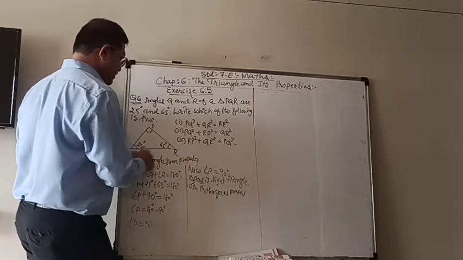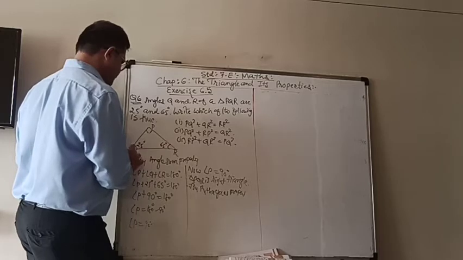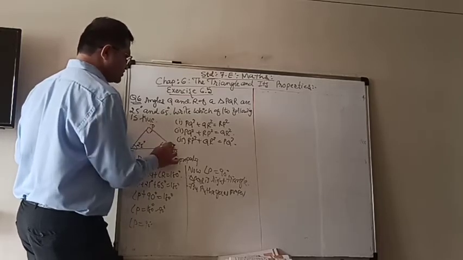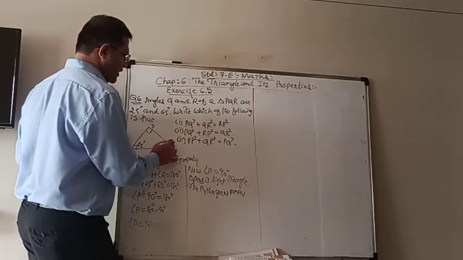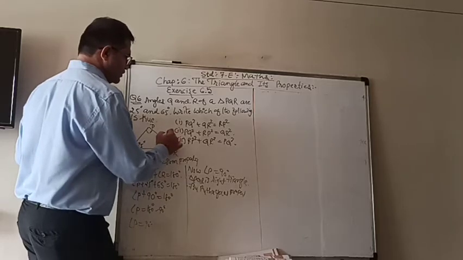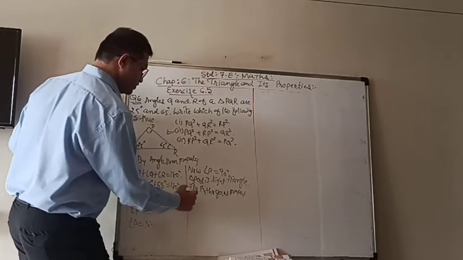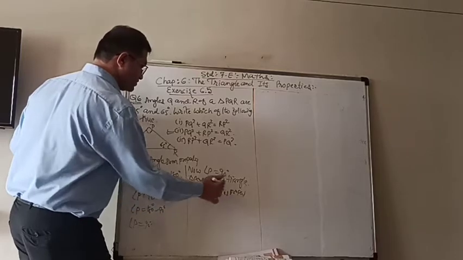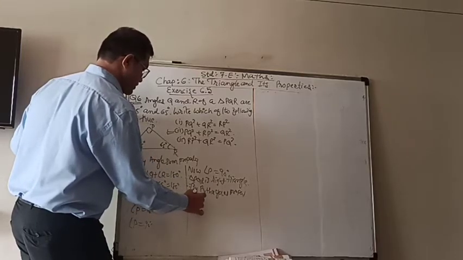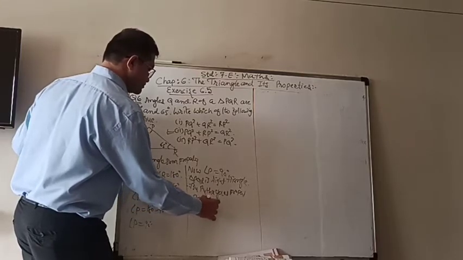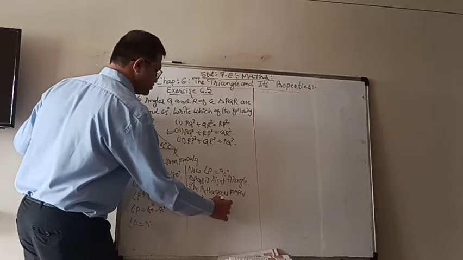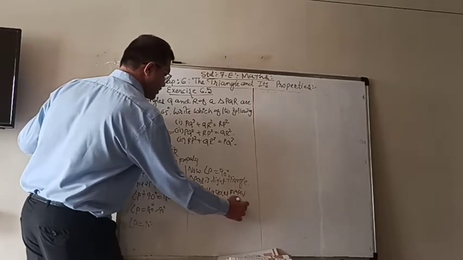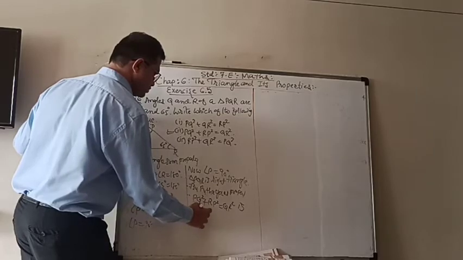So QR will be the hypotenuse. So PQ square plus PR square or RP square. So statement second is true. Therefore, by Pythagoras property, PQ square plus RP square is equal to QR square is true.